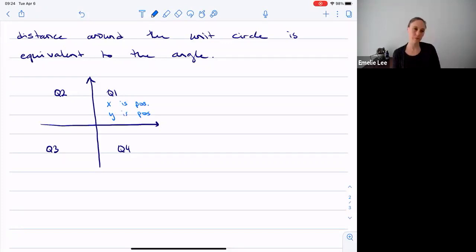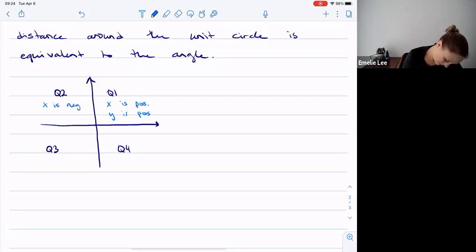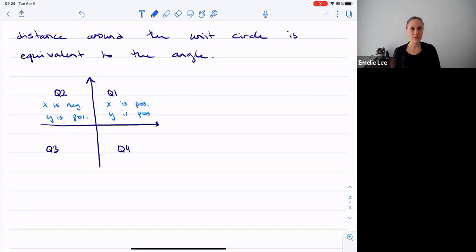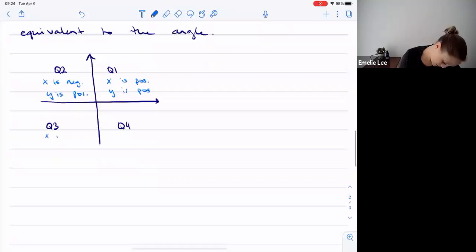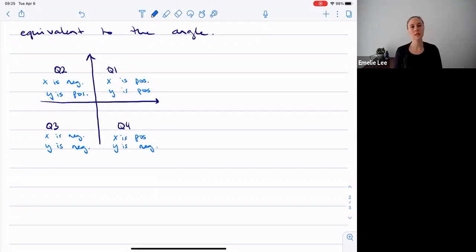In quadrant 2, let's outline what we said earlier: x is negative and y is positive. In Q3, x is negative and y is negative. And in Q4, x is positive and y is negative.